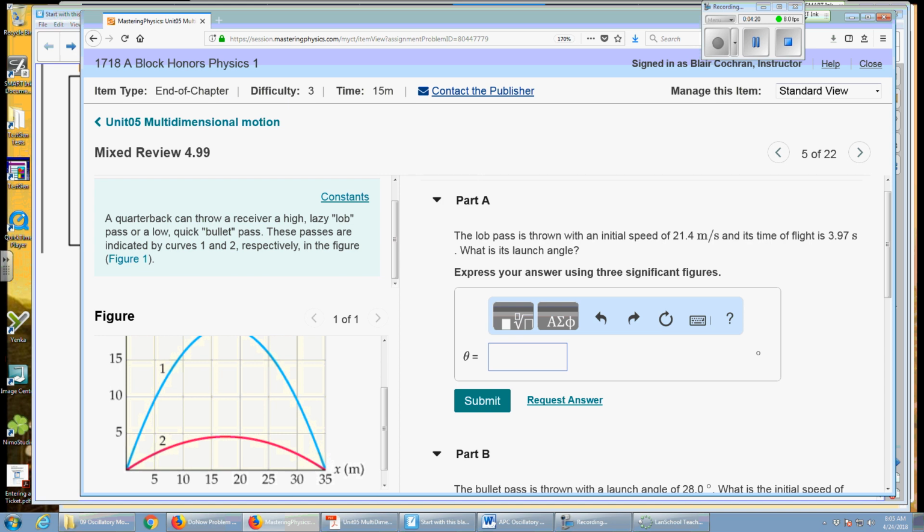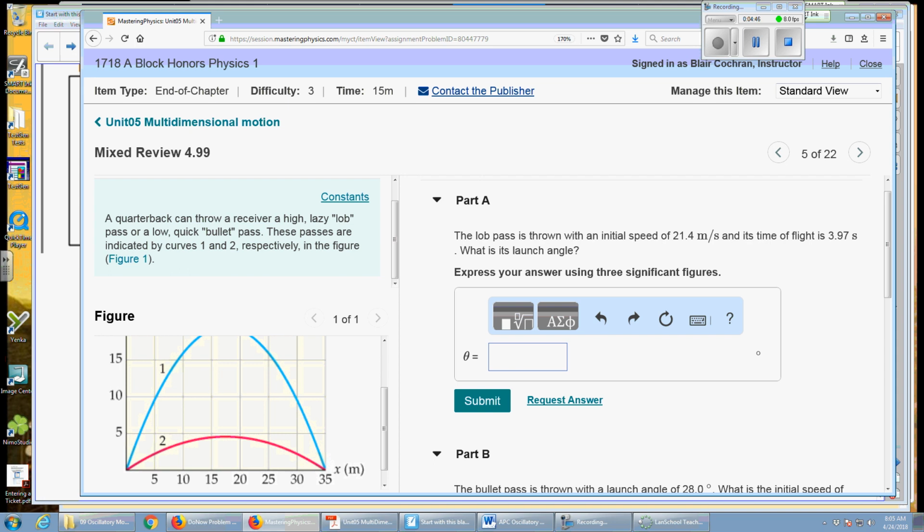That's why they want the angle, and the amount of time that's in the air. And from my graph, I know that it starts at 0, and in the x direction moves out to 35, and in the y direction it starts at 0 and ends up at 0. All right?